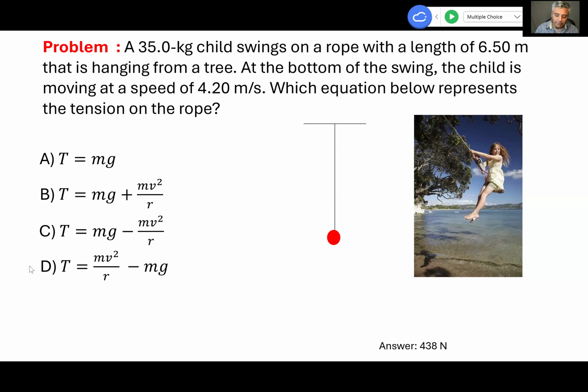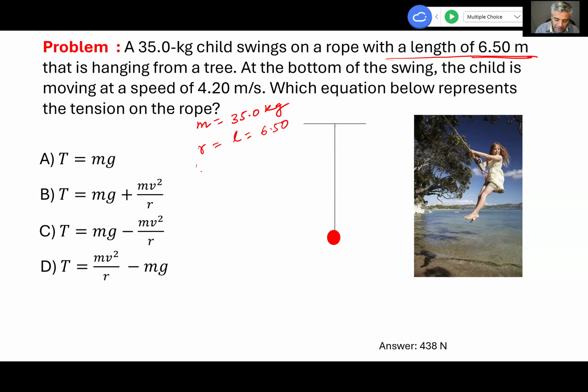So here the numbers are given. M is there. And then it says the length of the string. So what happens when you are swinging like this? The length of the string becomes the radius, okay? So the radius is the same as the length of the string in this case.